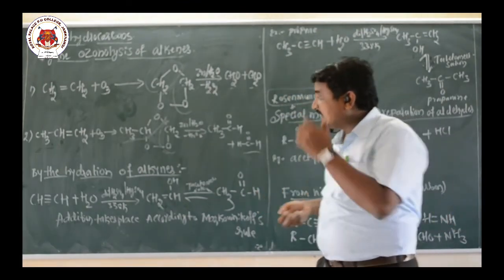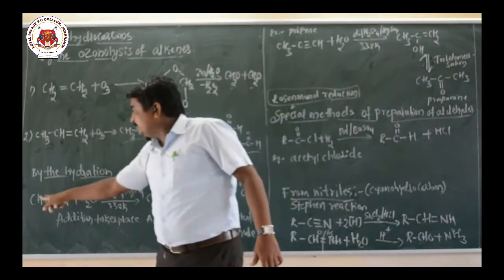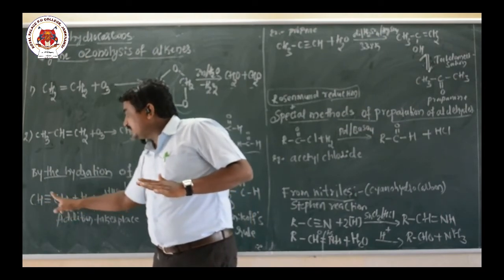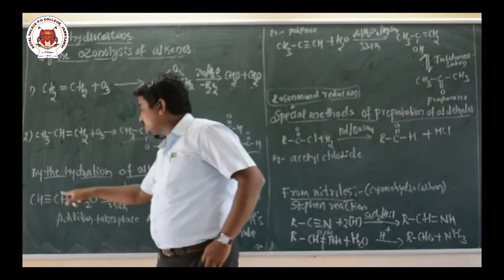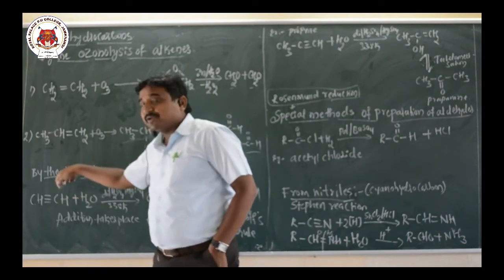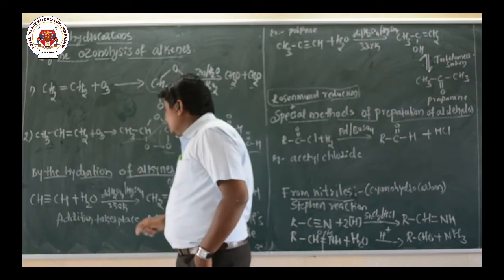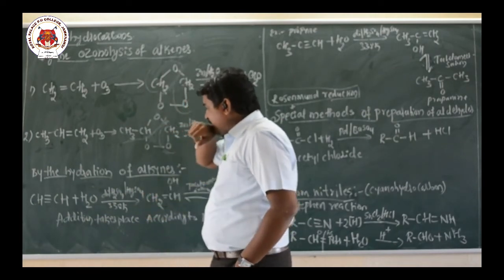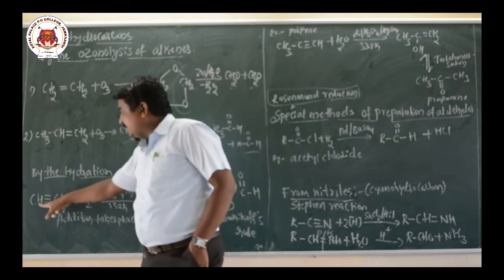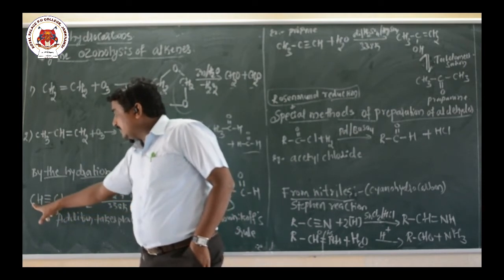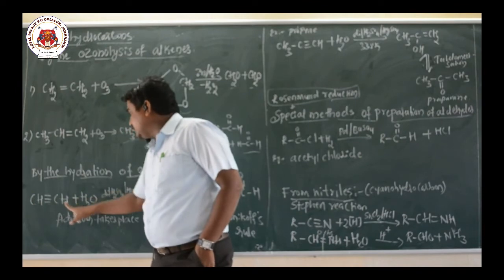Now here we have a triple bond between these two carbon atoms. It does not matter, both carbons have only one hydrogen each. So one side you have to add H plus and the other side OH. I am going to add one hydrogen to this side and OH to this side, so that becomes CH2 double bond CHOH.